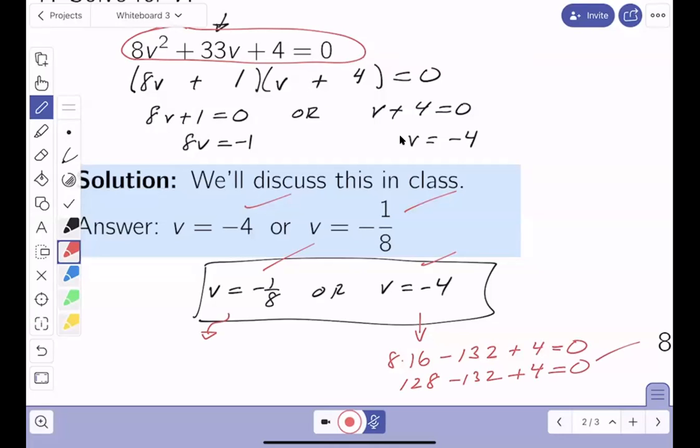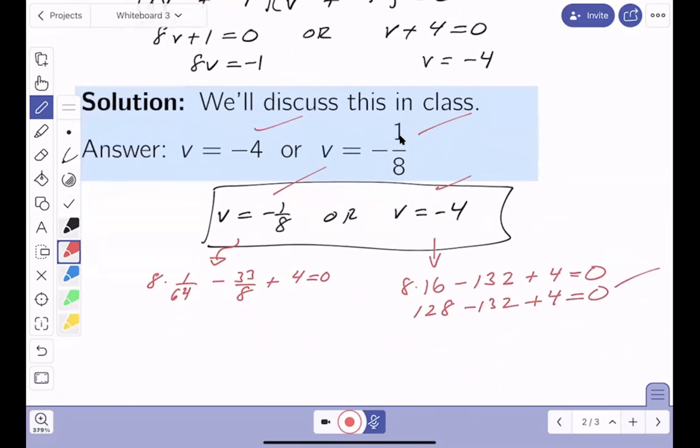And what do you get there? 8 times 1/64 minus 33/8 plus 4 equals 0. Well, a little complicated. This should be 1/8 because the 8's cancel, minus 33/8 plus 4 equals 0.